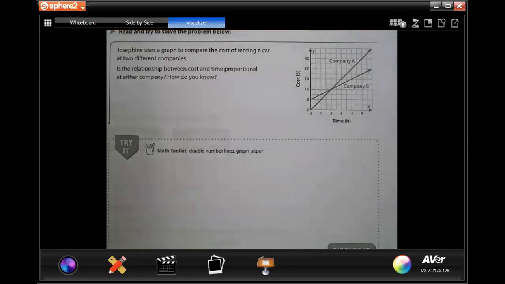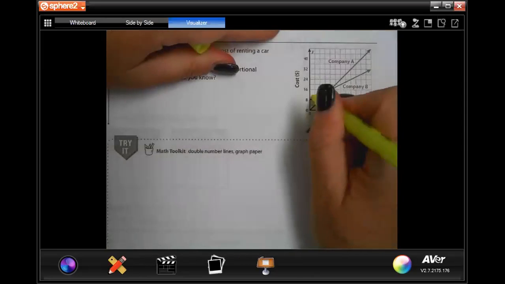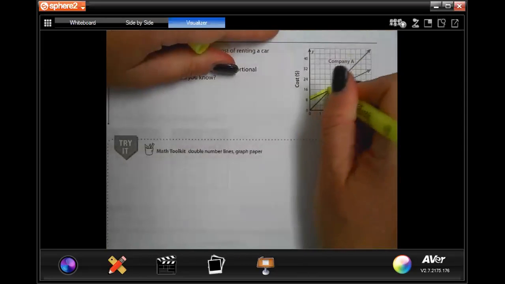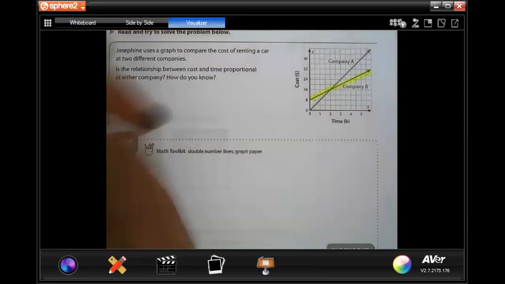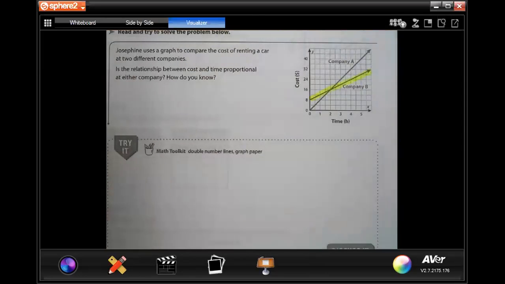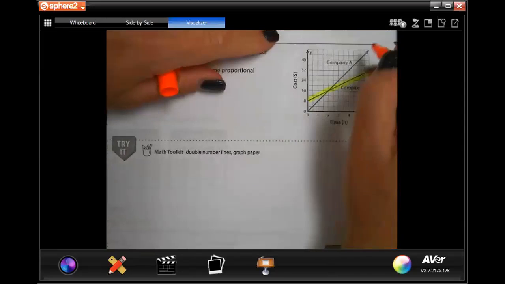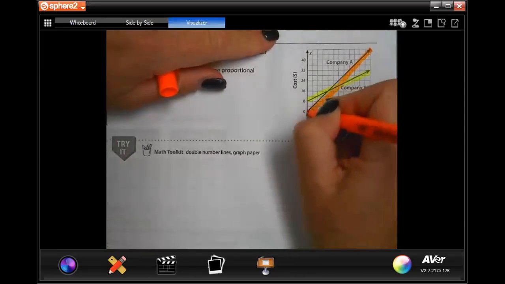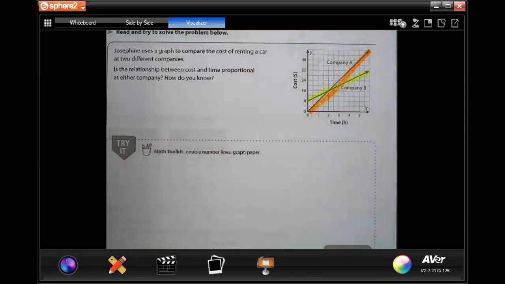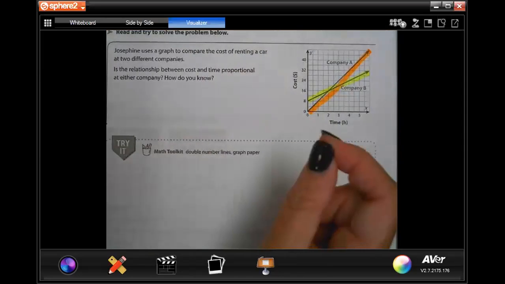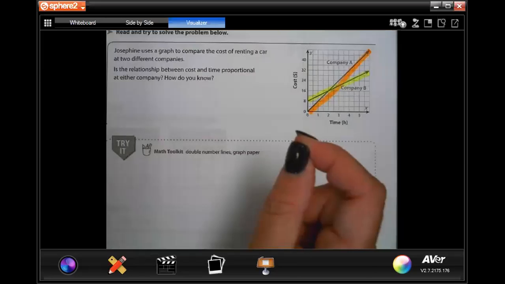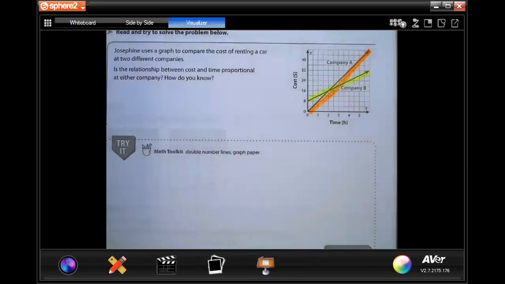So let's take a look at company B. All right, company B must be this line right here. Here's company B. All right, then we have company A. Here's company A. So we want to find out which company has a proportional relationship. Do both of them, or one of them, or none of them?